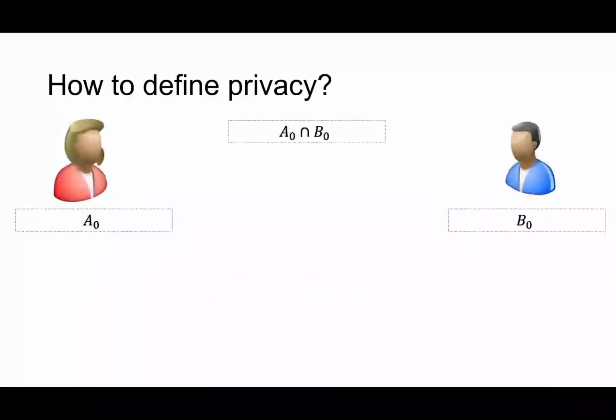First, we need to define the privacy definition of the updatable setting. Alice and Bob already have A0 and B0, and they already know the intersection of A0 and B0. Let's assume that. For new sets A1 and B1, they're going to compute this A set intersect with B set, and nothing else.